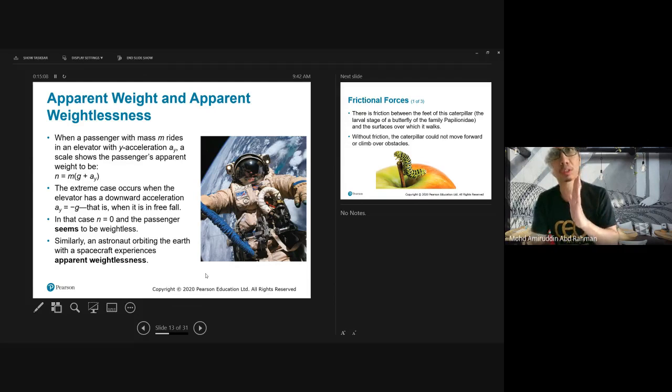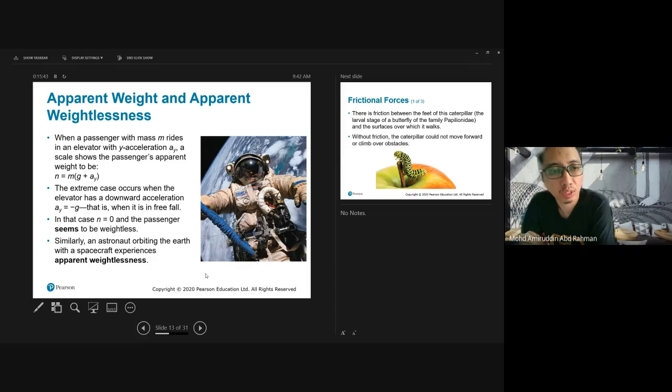You remember, because the elevator or the lift is going up and down, we have the normal force and also W, where W is equal to mg. But the weight shown is equal to m times g plus ay.